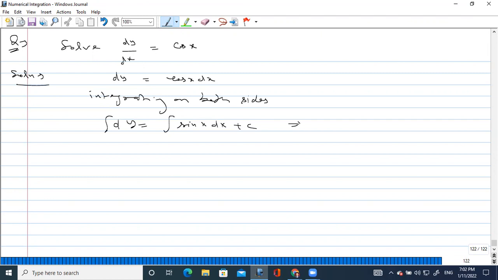Or like this you can write: y will be integral of sin x dx, sin x is minus of cos x, and plus c. Sorry, it is cos x now. So answer will be sin x.